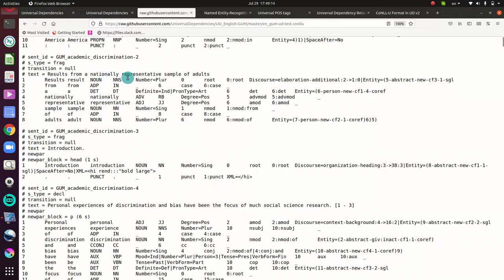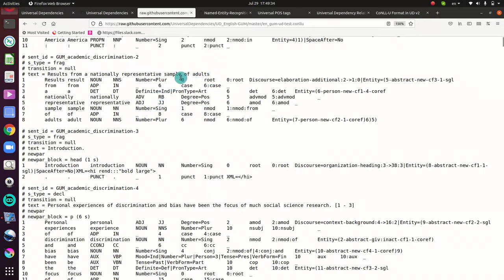Here you see a corpus sentence and below you see the annotations. Each word is annotated in an individual line: the word, the lemma, POS tag, a language-specific POS tag, a sequence of morphological tags, syntactic head, and dependency label.